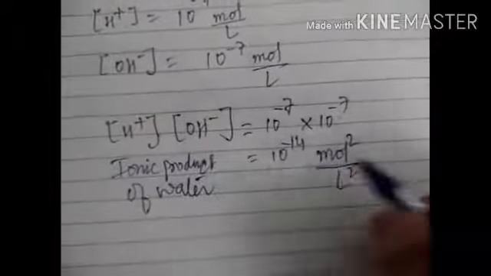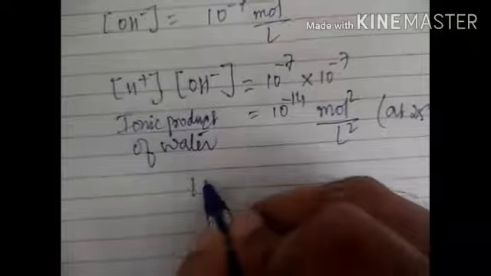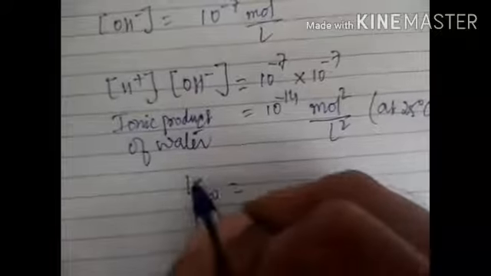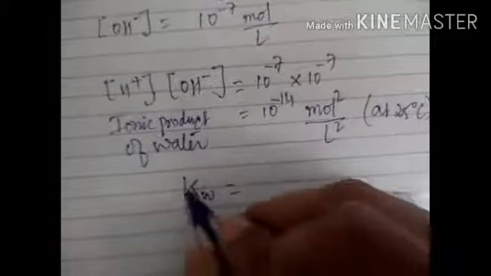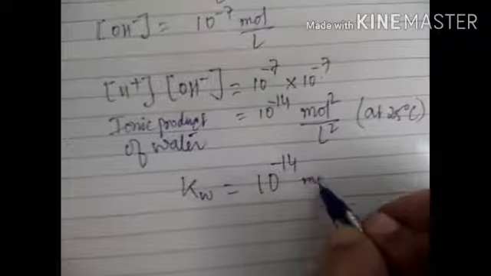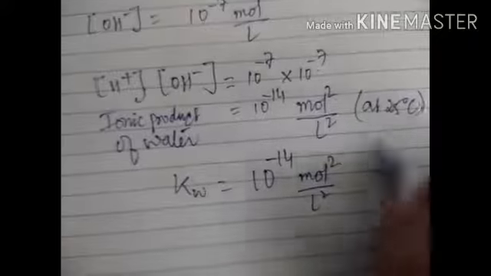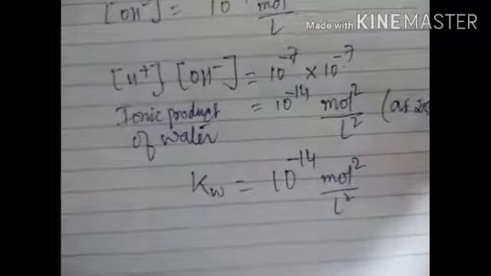But this calculation is for what? At 25 degrees Celsius. We represent this ionic product of water as Kw, at 25 degrees Celsius.